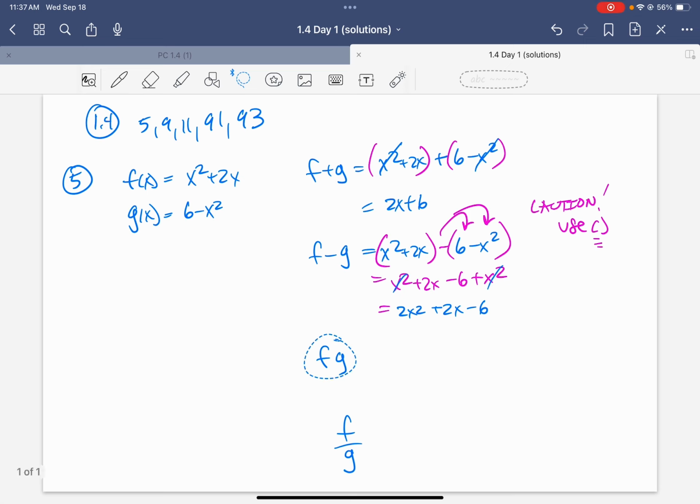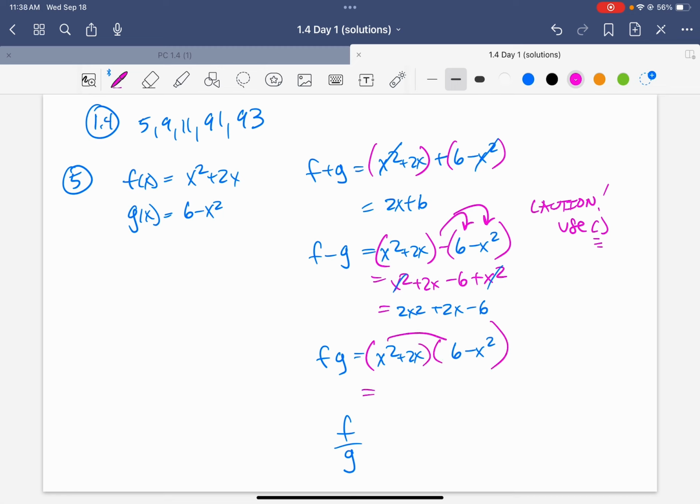Right? For the penultimate one, the next to last one, if I do f times g, it's going to be this times this, and I'm going to FOIL, or use the distributive law twice. It's just that and gives me this. That gives me negative x to the 4th. There's nothing left to multiply her by over here.